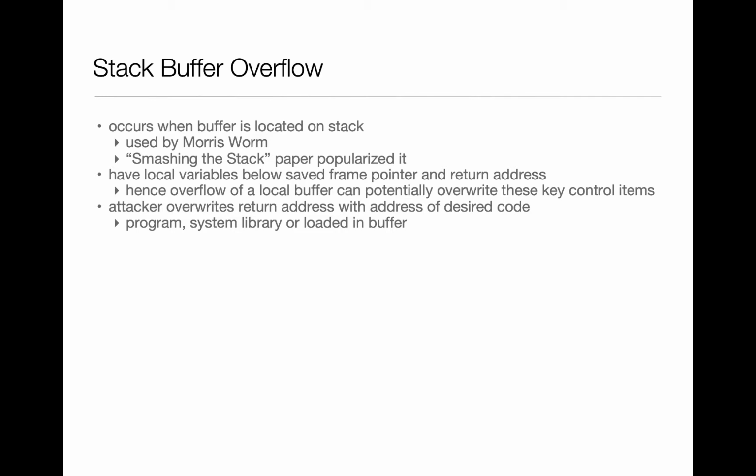So not only can you overwrite another buffer's data, if you have two buffers in sequence, but you can also overwrite the return address to branch to some desired code. And we'll see how this can play out. This is an example of a control flow attack.